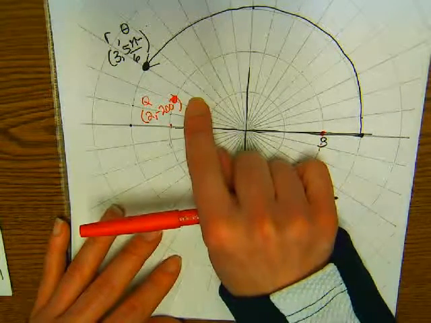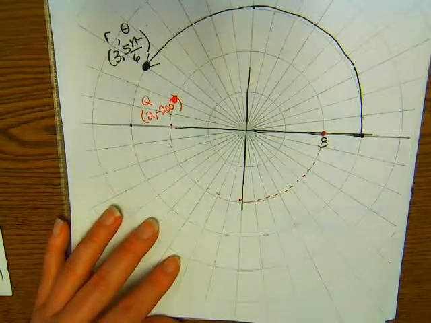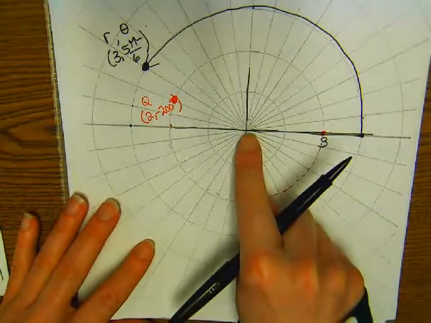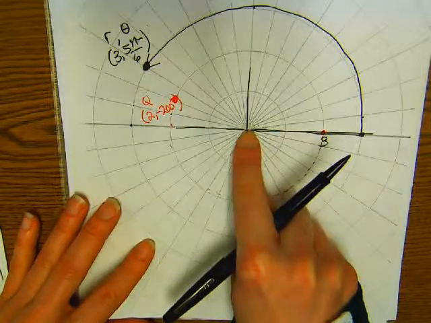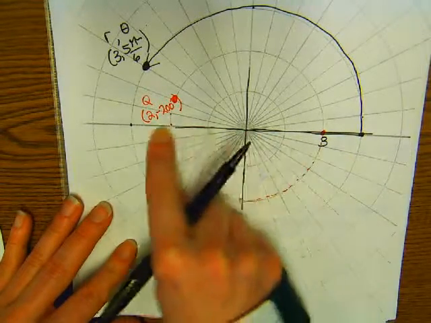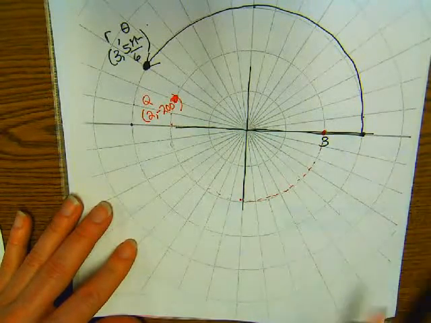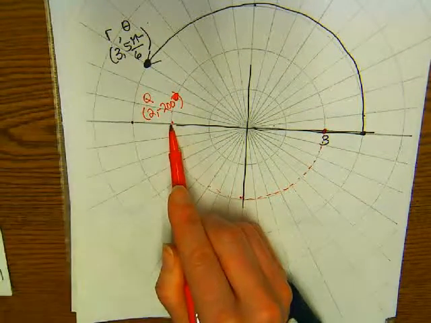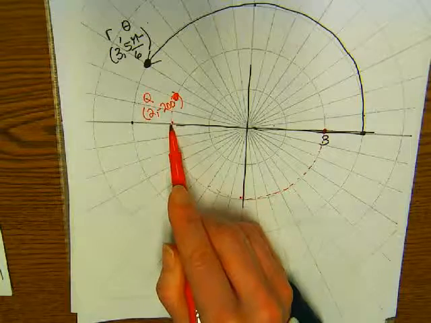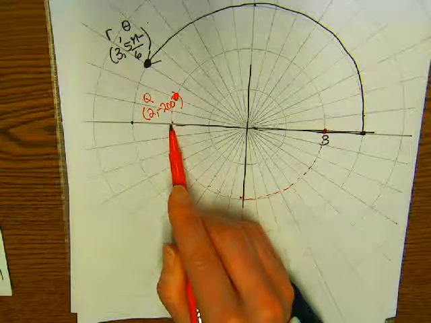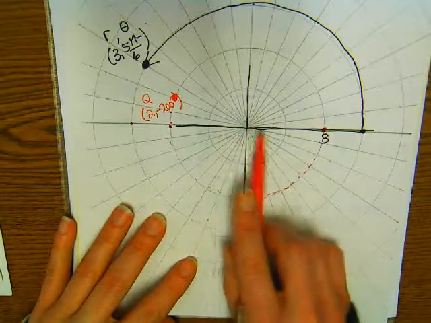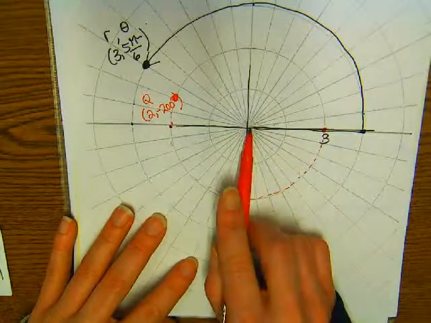Hey, what if I decided to start, let's do the same one. What if I didn't go positive 2 from 0, 0? What if I did negative 2? What if I had gone this way first? How could I get to that spot? You guys tell me. So what if I had started, instead of going positive 2, what if I went negative 2?